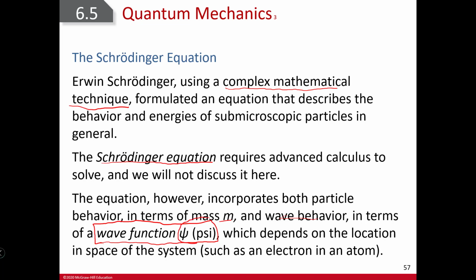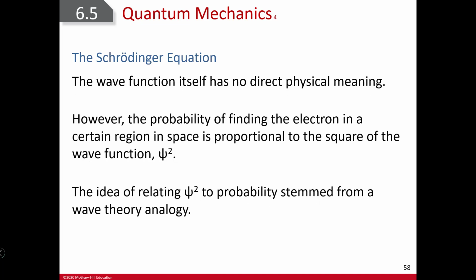That is what we usually use to represent the wave function. Now, what's interesting about psi is when we square the wave function, we get the probability of where the electron is located in relation to the nucleus. And that's really important. Squaring the wave function gives us the probability of where the electron is located in the atom.